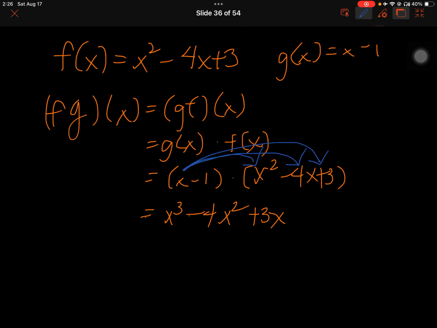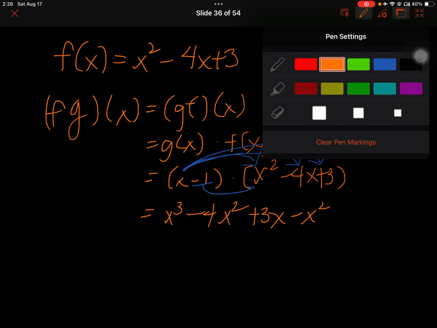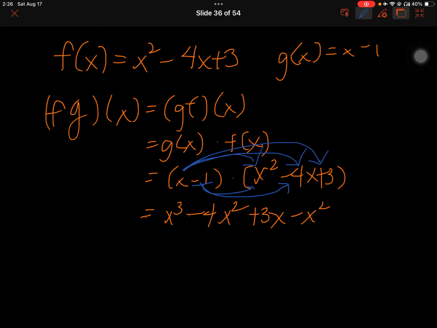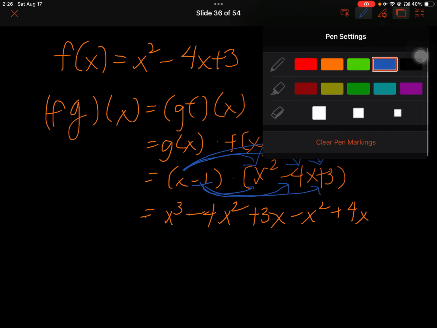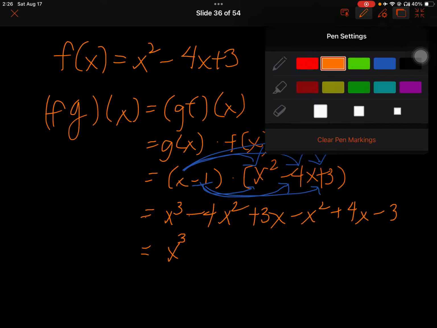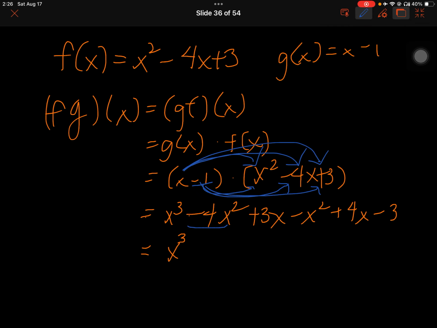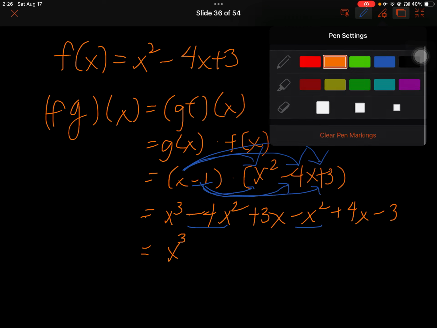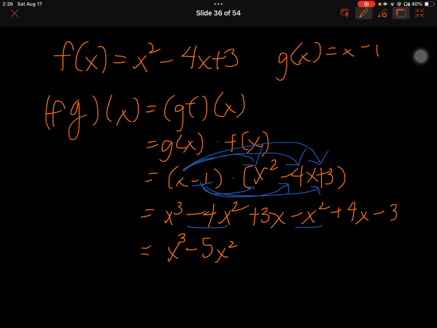Then x is done. Let's proceed with negative 1. So negative 1 times x squared is negative x squared. Next, negative 1 times negative 4x is positive 4x. And then negative 1 times positive 3 is negative 3. So simplify this, we will have x cubed, then negative 4x squared minus x squared is negative 5x squared.